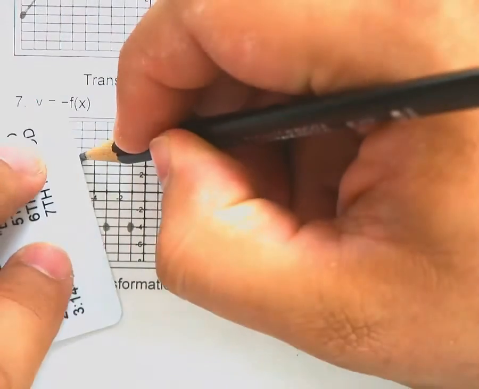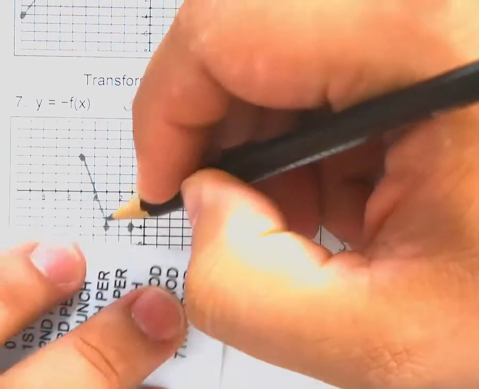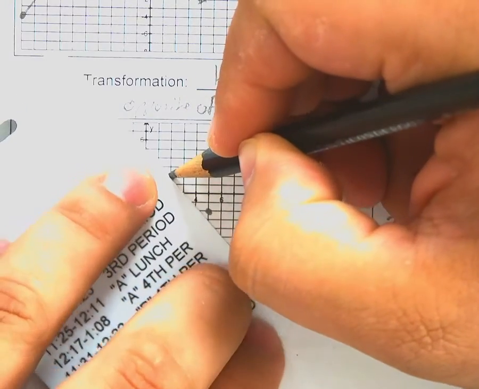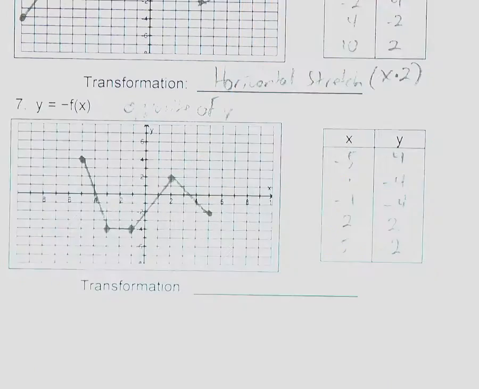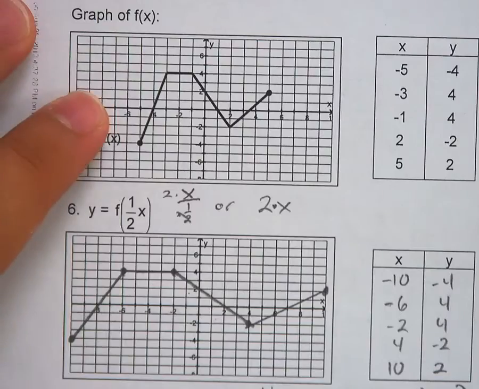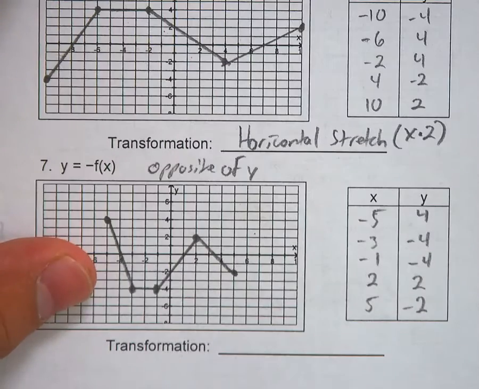Draw your lines. And once you draw those lines, compare that with the original. Here's the original. Here's the new guy. Original, new guy.